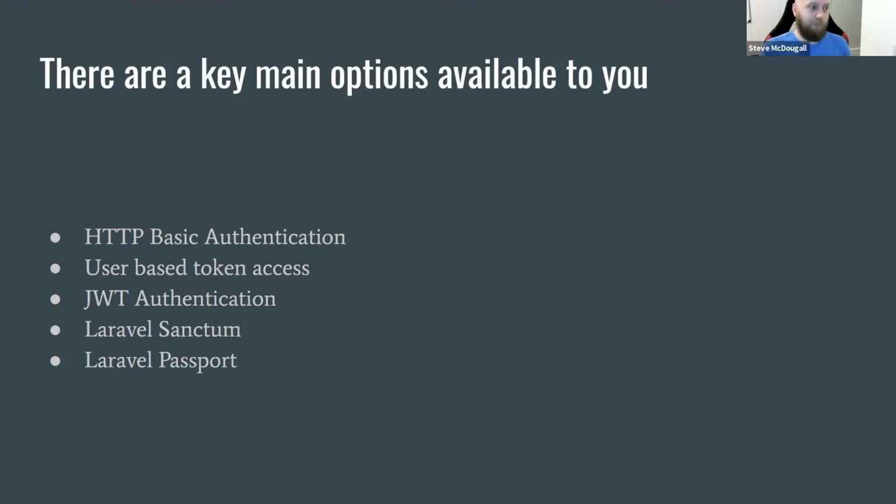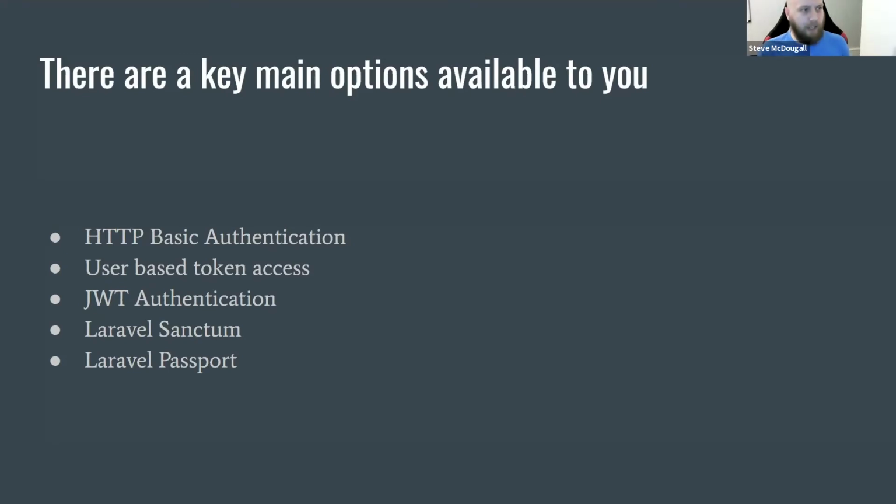A lot of the time people reach for Passport. And before Sanctum was around, it was almost the default to reach for in the API world when you're building Laravel APIs. It was, right, I'm going to use Passport because I know it will do anything I need. And I know in 2 years, I'll probably still need it.